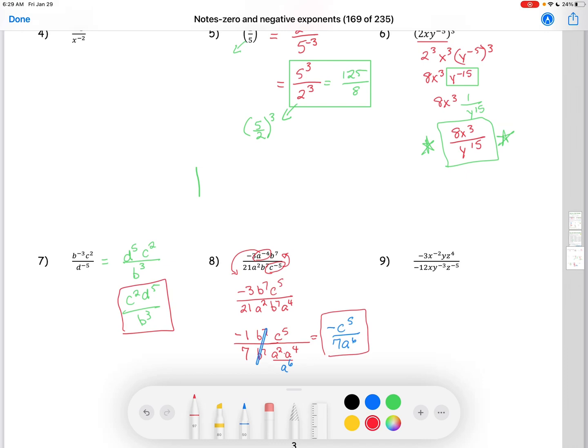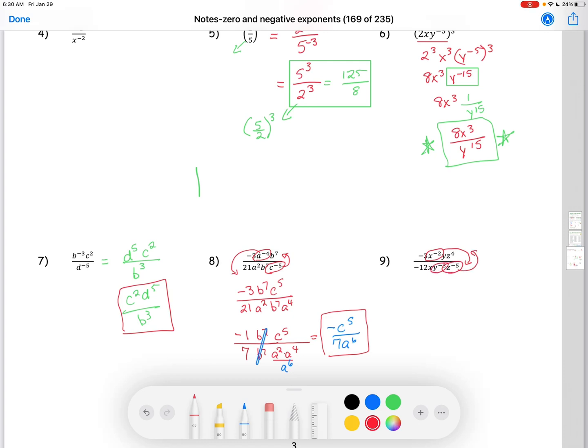Try number 9. That may have seemed a little complicated, but it's not that bad. Try it. All right. This is negative 3. Actually, hold on. Let's go ahead and switch everything up the way we need to. So that x to the negative 2 goes in the denominator. The z to the negative 5 is going to go in the numerator.